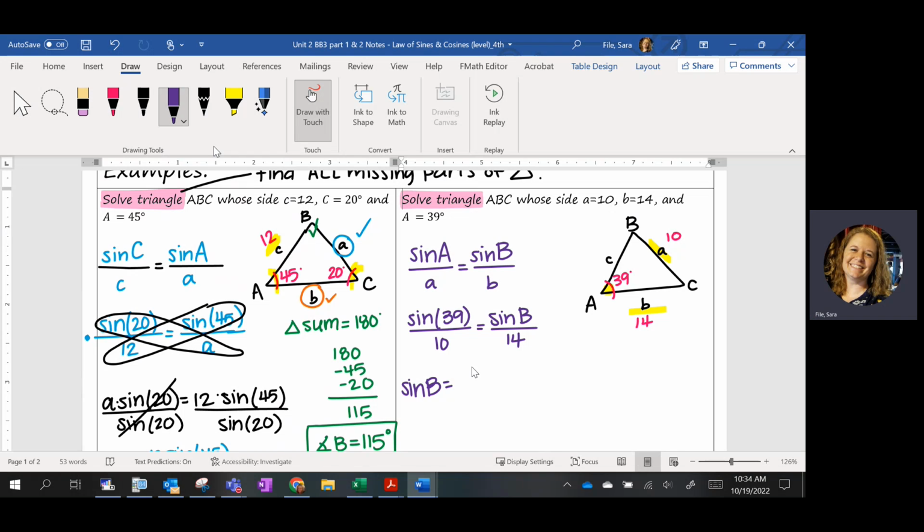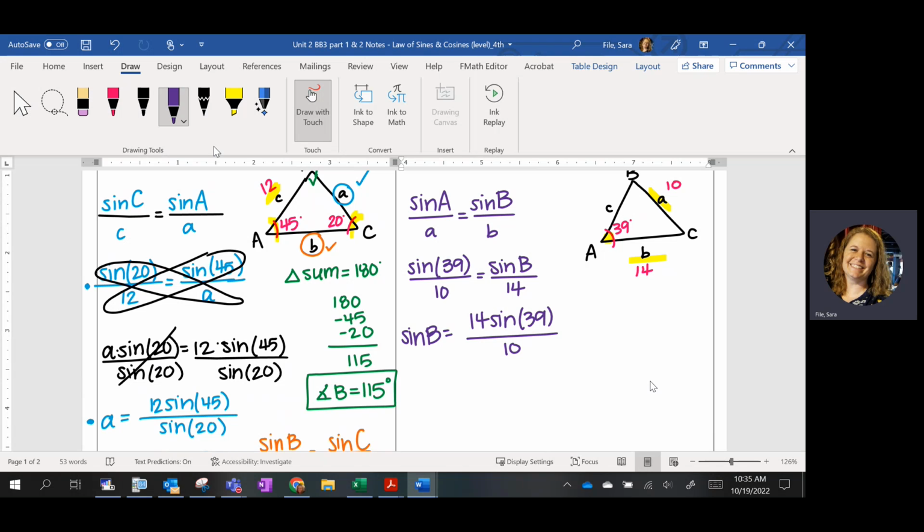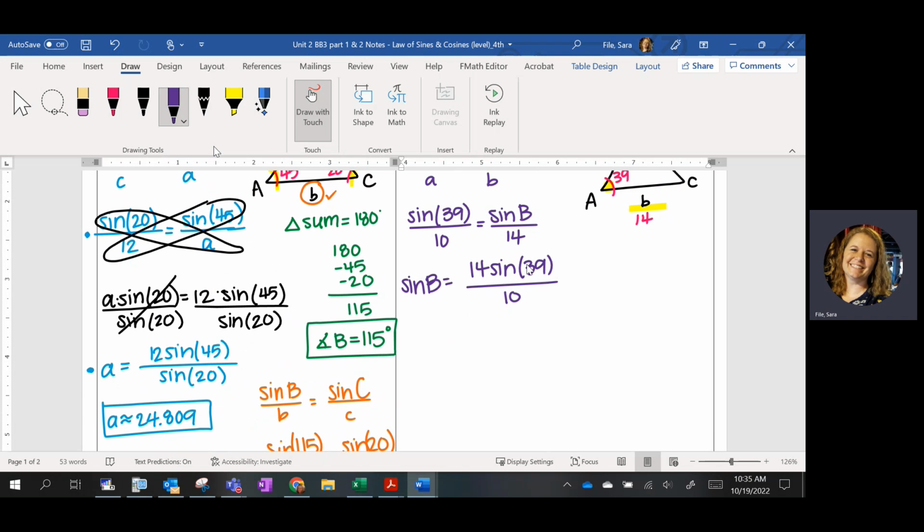So I'm going to isolate that sine of B because that's where my unknown is. So it's going to be 14 sine of 39 over 10. What's different now, though, is that I can't just calculate this and have my answer. There's going to be an extra step. What's that extra step?